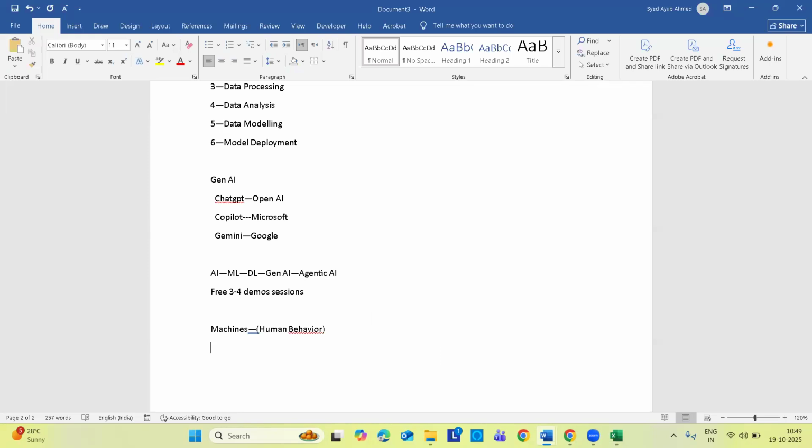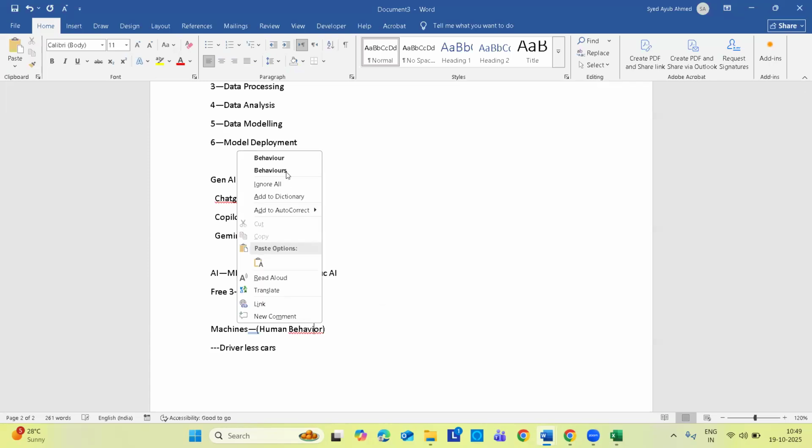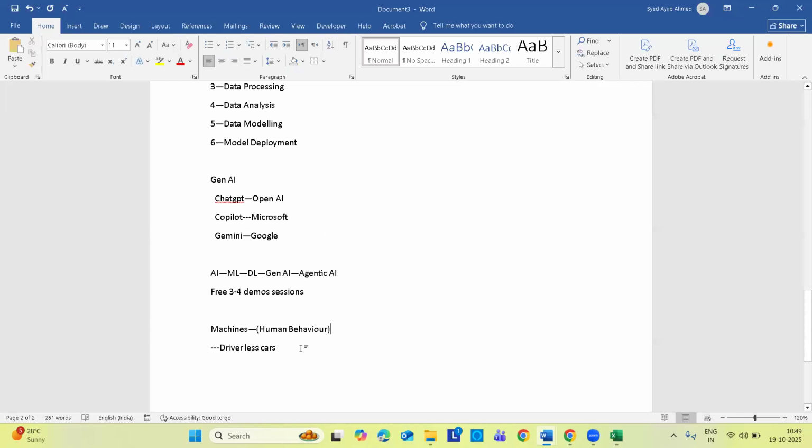One such example I can take is driverless cars. You might have heard of this one, right? Driverless cars. So what exactly will this be doing here?